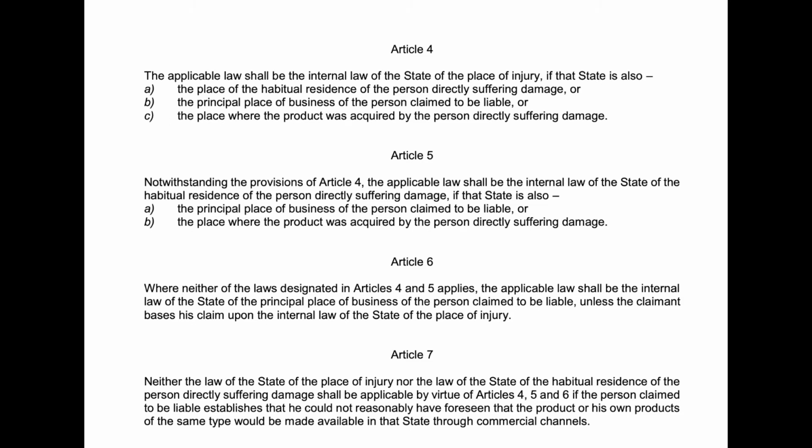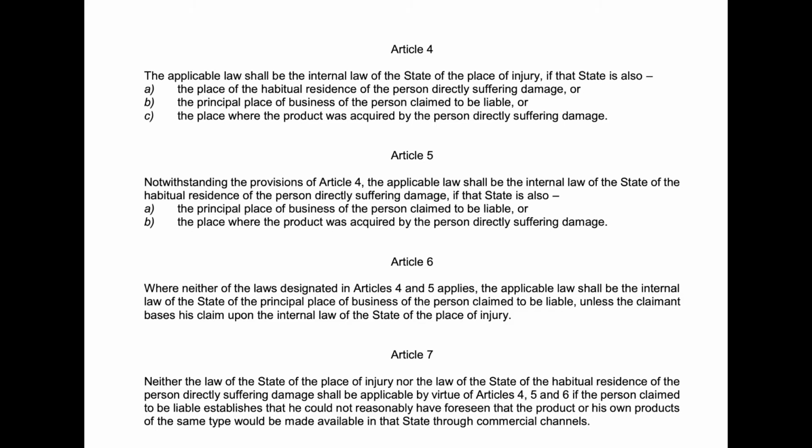Article 7: Neither the law of the state of the place of injury nor the law of the state of the habitual residence of the person directly suffering damage shall be applicable by virtue of Articles 4, 5, and 6 if the person claimed to be liable establishes that he could not reasonably have foreseen that the product or his own products of the same type would be available in that state through commercial channels.